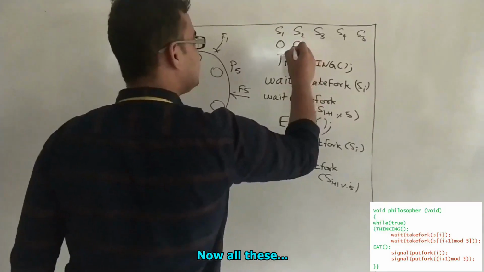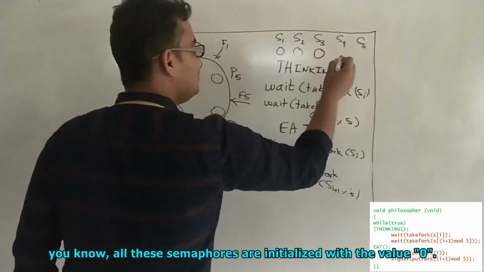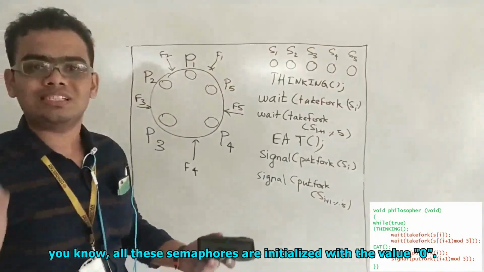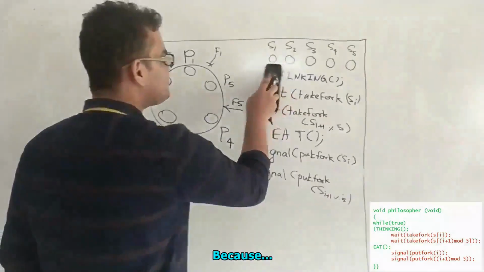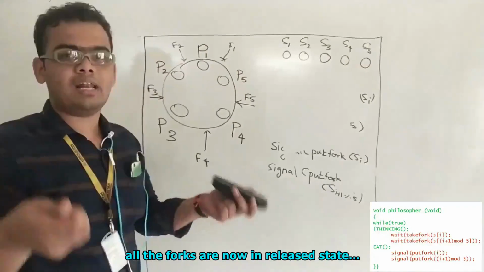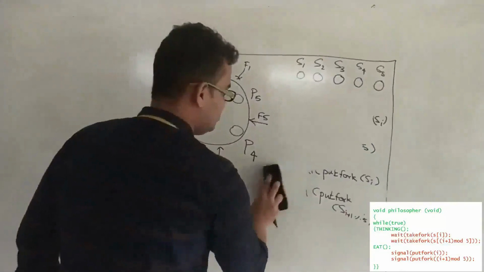Now all these semaphores are initialized with the value 0, because 0 means all the forks are in release state.